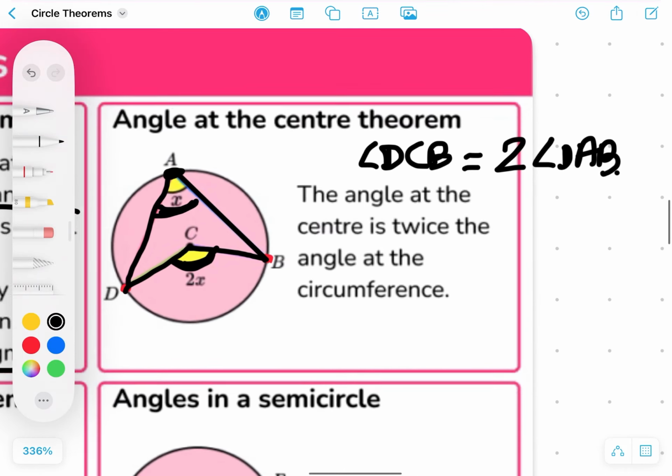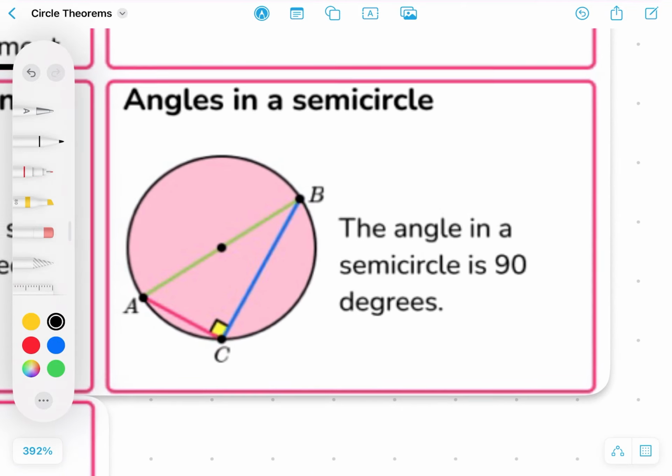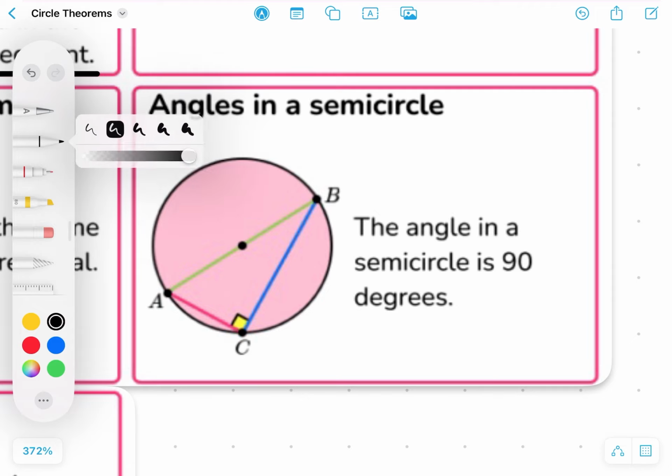So now, this actually ties in with the angle in a semicircle theorem, though it may not seem like it. It says that the angle in a semicircle is 90 degrees. So when we have the diameter, AB, as the hypotenuse of a right angle triangle, the angle right here, opposite the hypotenuse, is always 90 degrees.